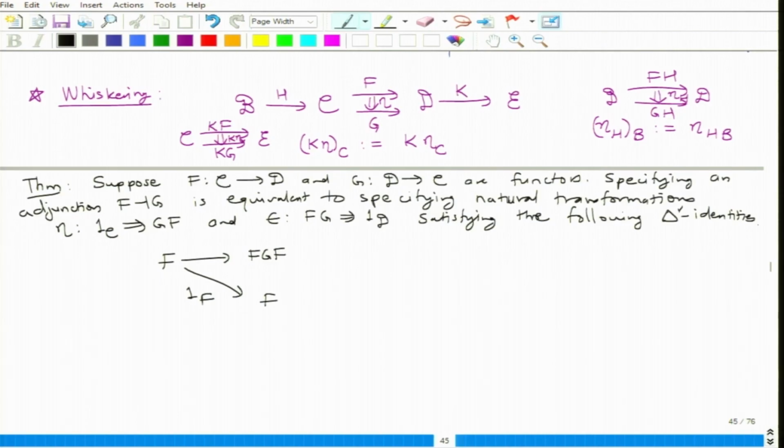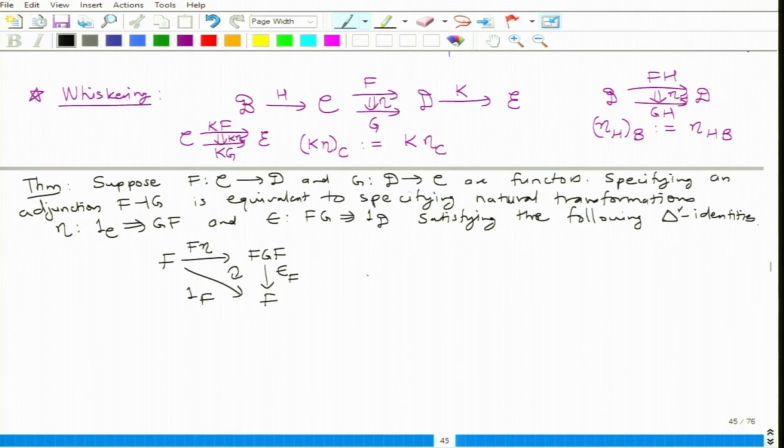You understand, that's why we defined whiskering. F eta is a natural transformation over here, and FGF to F: anything which reduces the number of functors is an epsilon, anything which increases the number of functors is an eta. So what will be this vertical one? Epsilon sub F.